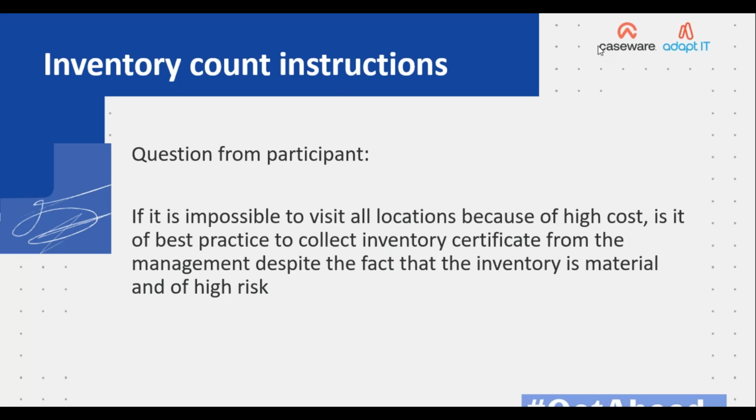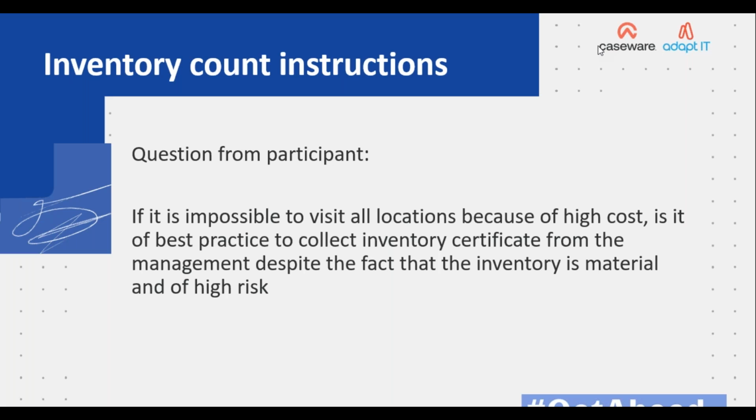So if it is impossible to visit all locations because of high costs, is it best practice to collect an inventory certificate from the management despite the fact that the inventory is material and of high risk?